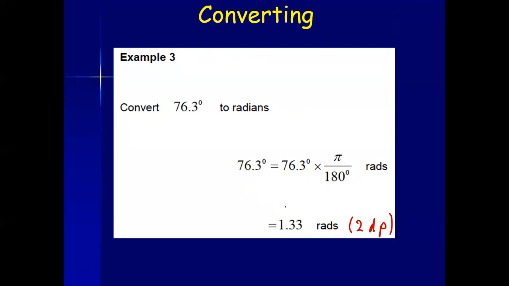But again, it's still an approximation, right? Pi has an infinite number of decimal places after it. We've not got computers that can give you all of them, but there are quite a few. And then you should get 1.33, yeah?